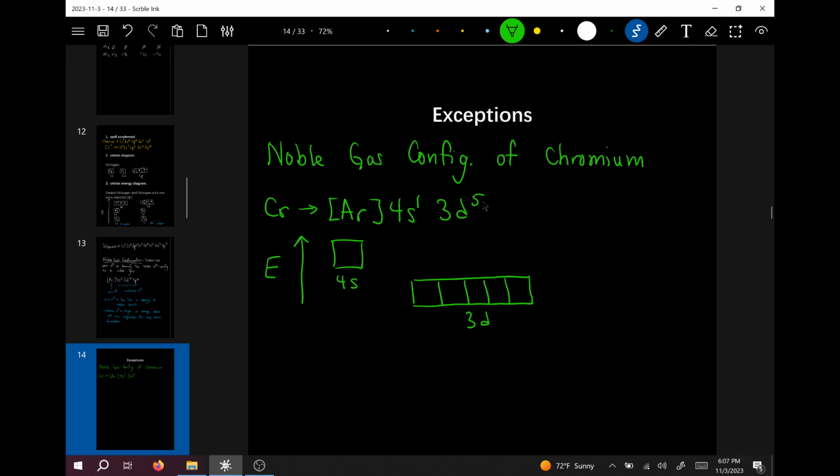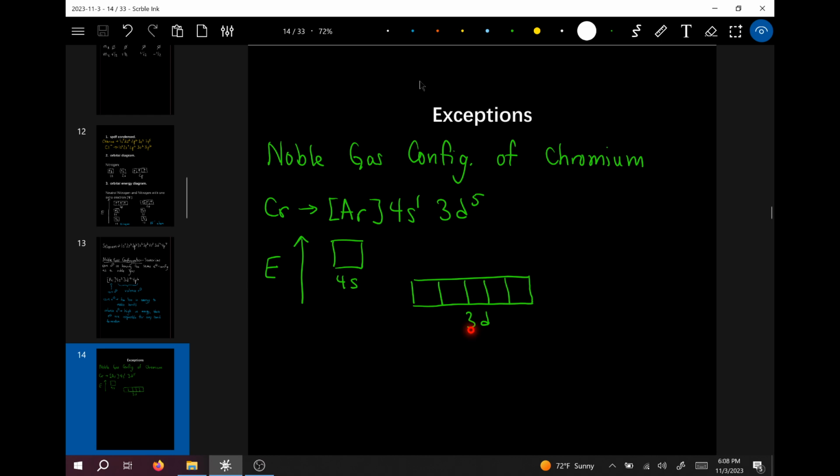Now, some of you might already see what's happening here, and some of you might be scratching your head thinking, wait a second, Dr. O, you drew the s orbital having a higher energy than the d orbital. Shouldn't it be the other way around? No, this is the correct way, because the principal quantum number for this s orbital is 4. The principal quantum number for this d orbital set is 3. 4 is greater than 3, which means this orbital is higher in energy than these orbitals are.